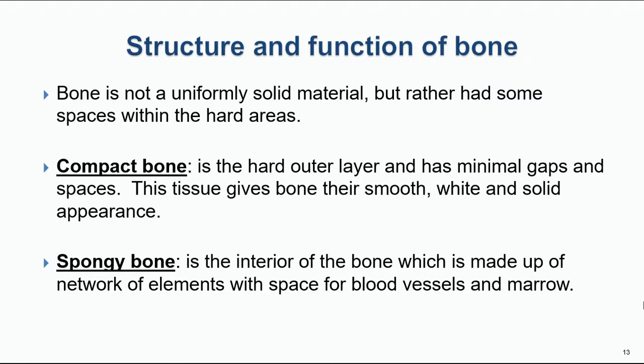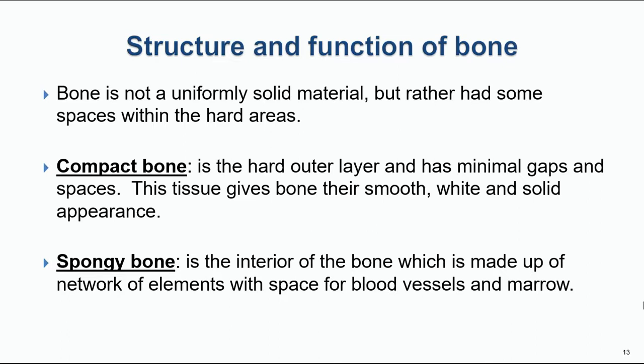So bone is not a uniform material. Different parts of the bone will look a little bit different. So two different types we have are compact bone. So there's this hard outer layer that has very few spaces. This is what gives bone tissue that smooth, white and solid appearance. But if we were to look within the bone itself, you'll find that it looks a little bit different.